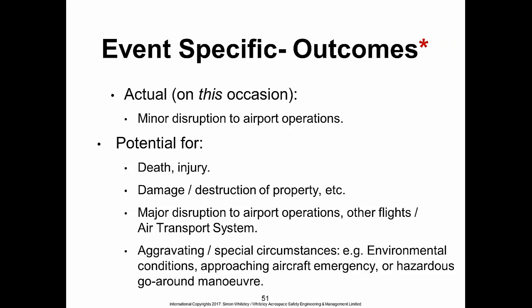But it's also important to consider aggravating or special circumstances, because obviously this was not a remarkable day by any means. Things like environmental conditions: it wasn't foggy, it wasn't bad weather. If the approaching aircraft had an emergency or performed a hazardous go-around manoeuvre, obviously this occurrence could have worked out quite differently.